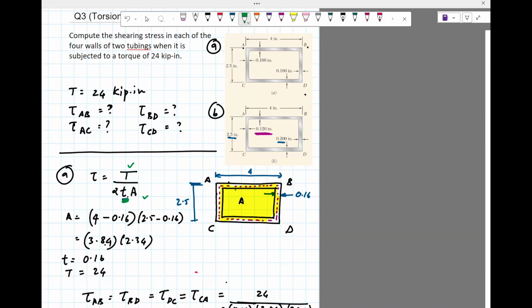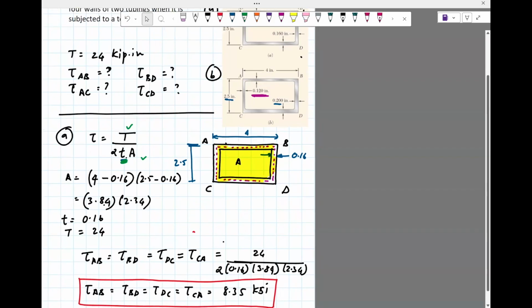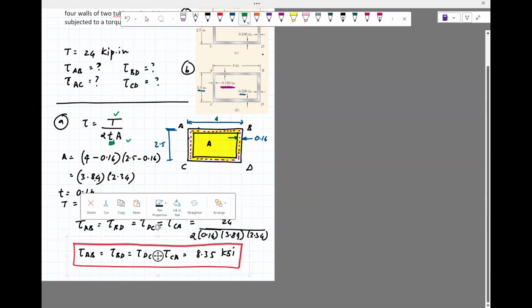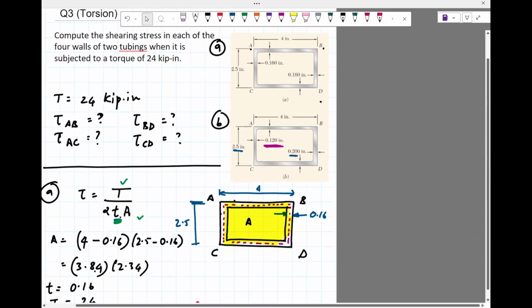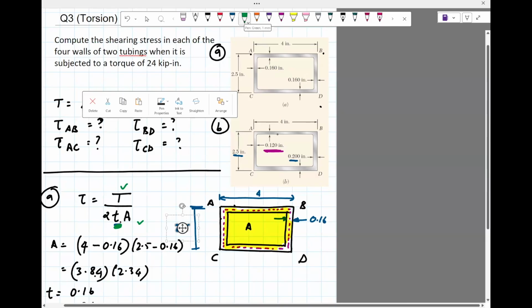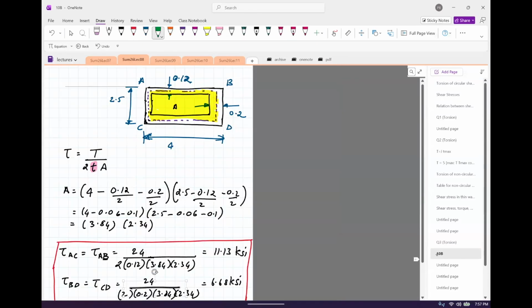For the second part, the differentiating factor is two of these sections have 0.12 and two of them have 0.2. So when you compute the shear stress, you will see that for the thinnest section, so for the second one for 0.12, we have the minimum stress of what, 6.68.